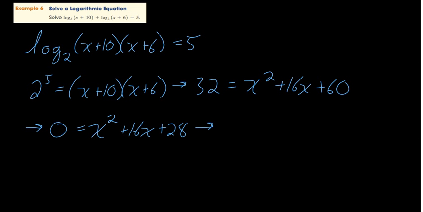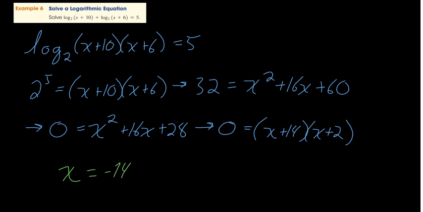So this factors into 0 is equal to x plus 14 times x plus 2. Therefore my solutions are, let's put that in green, x is equal to negative 14 and x is equal to negative 2.